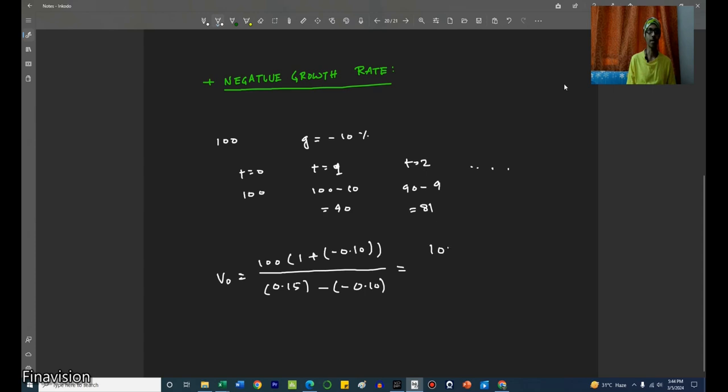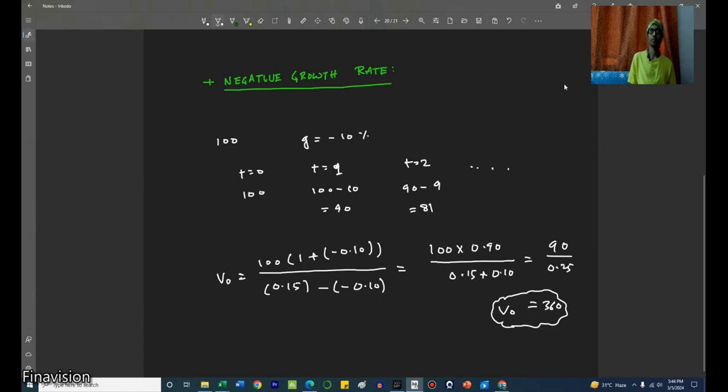This expression becomes 100 into 0.90 divided by (0.15 plus 0.10). This is equal to 90 by 0.25. The answer comes to 360. This is our V0 in case of a negative growth rate.